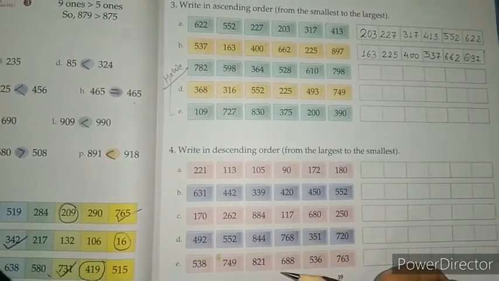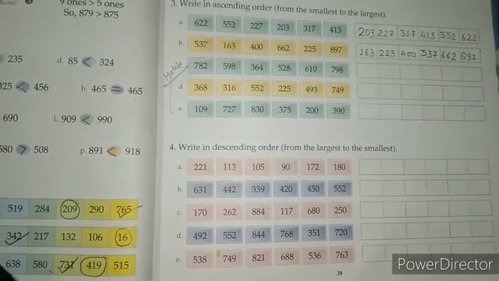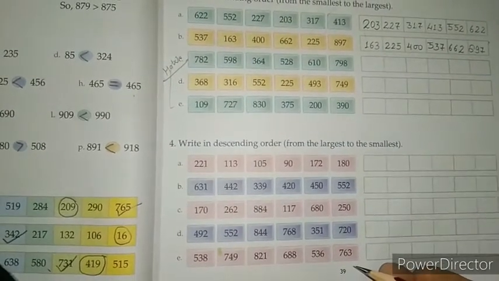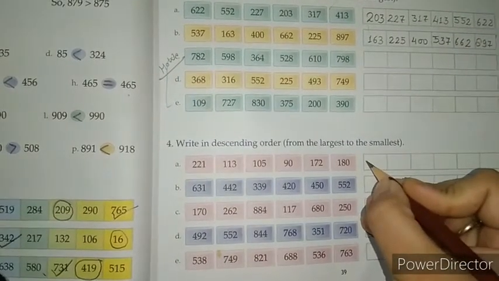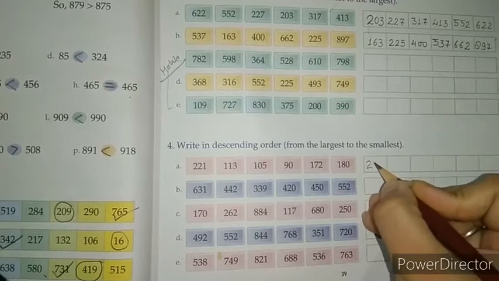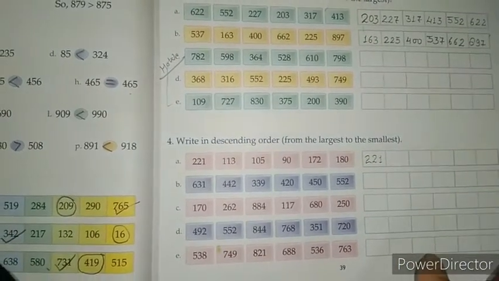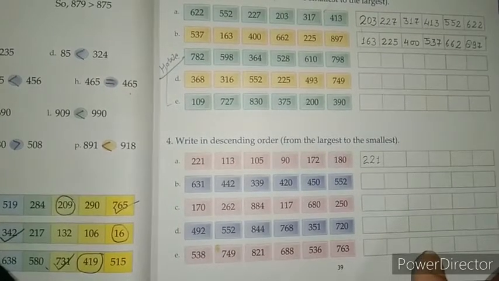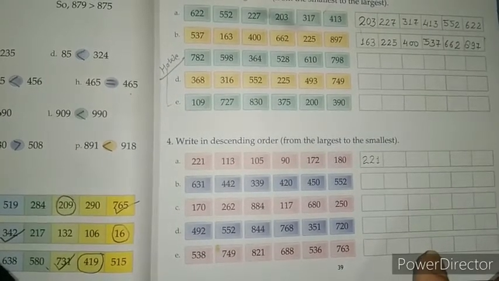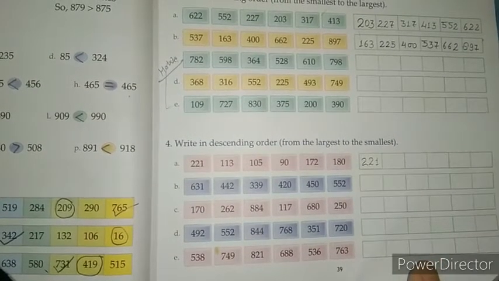Tell me students. Yes. Tell me students. 221 is the largest number. Okay. After 221, which is the smallest number?